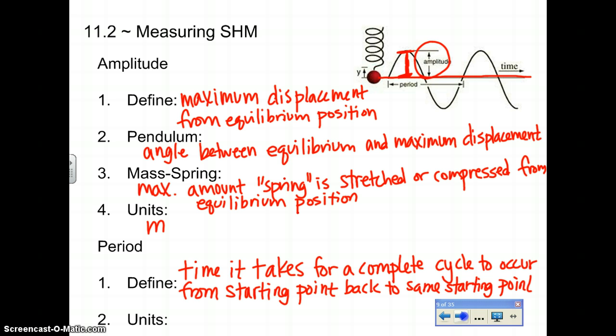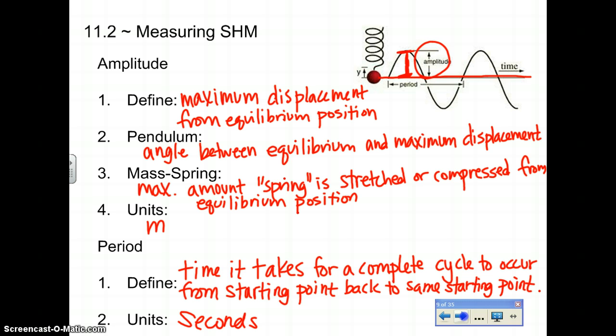So once again, picture yourself swinging on that swing. So you started on the left-hand side of the swing, you swung past where the bars are, you swung to the right-hand side, and then back and forth, okay? So back and forth, back and forth. Every time you go back to the spot where you started from, that's a complete one period, one cycle. The units that we're going to use for that are seconds.